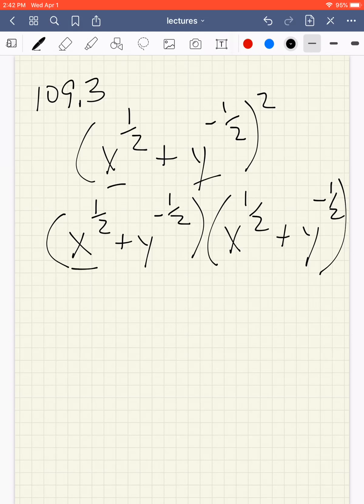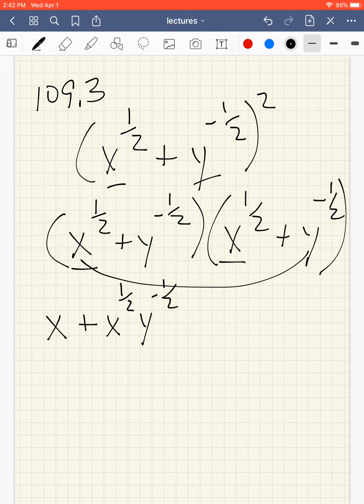Okay, so we're going to multiply first. X to the 1/2 times x to the 1/2 is x to the 1/2 plus 1/2, which is x to the 1. Outer is plus x to the 1/2, y to the minus 1/2. Inner is plus x to the 1/2, y to the minus 1/2.